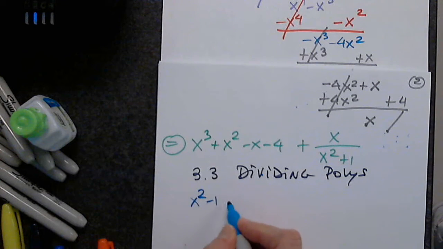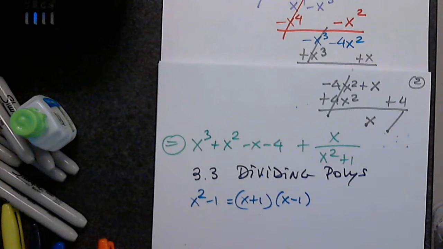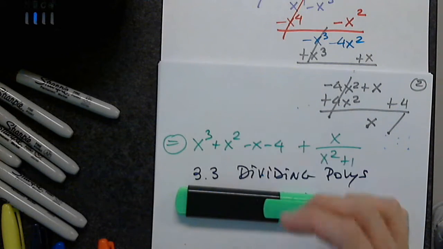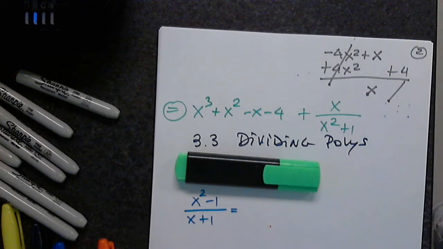Let's look at x squared minus 1. We have an agreement on this, and I would like you to factor this for me. Now for a moment, please forget about it. And I'm going to ask you this question now. X squared minus 1 divided by x plus 1. What do you think the quotient will be?